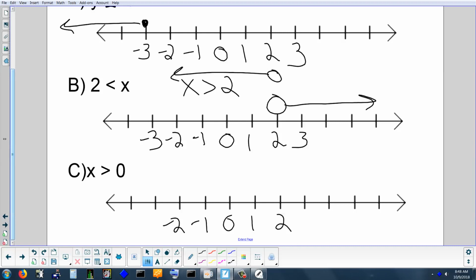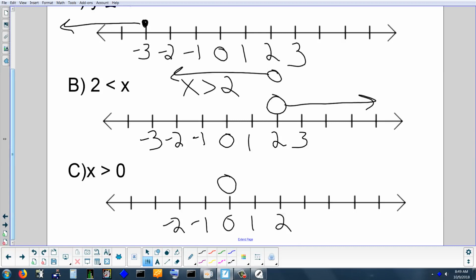So I know it's in the right format. What do I have to decide now? Which way it's pointing. Before that. Open or close? What do you think? Open, right? At what number? 0. Open at 0.